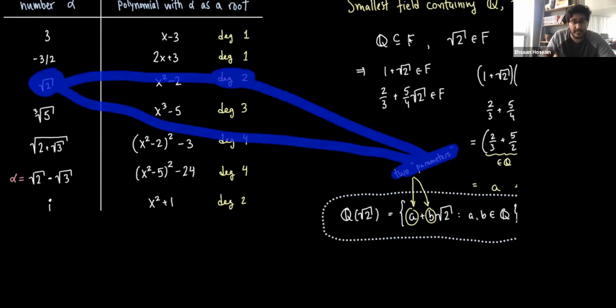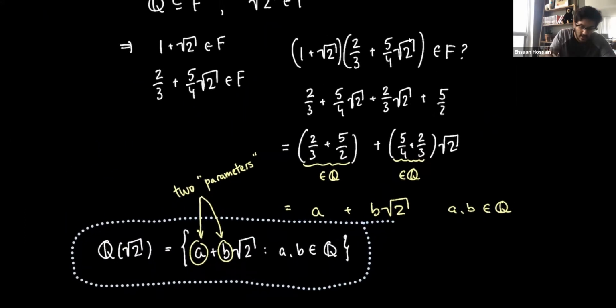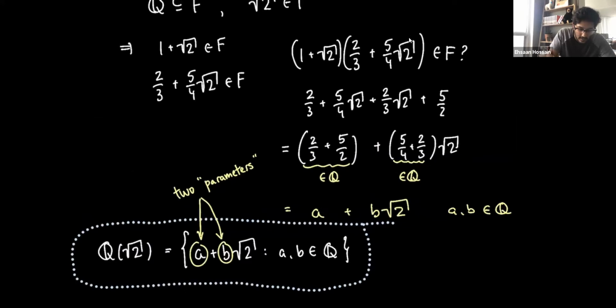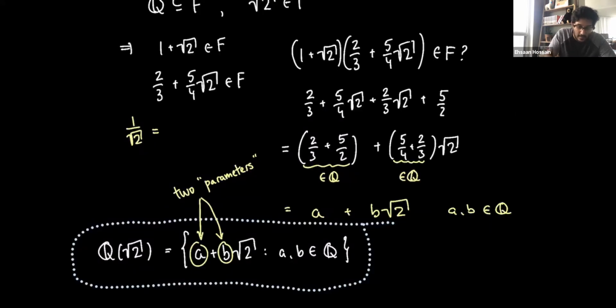What about the multiplicative inverse of root 2? That's a good question. What about 1 over root 2? How can you write that in this form? Can you rationalize that?